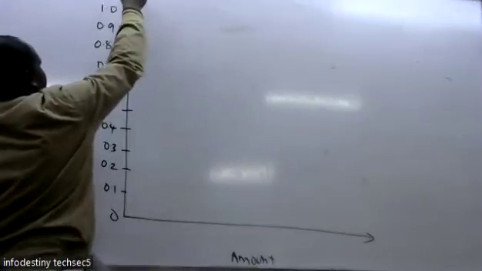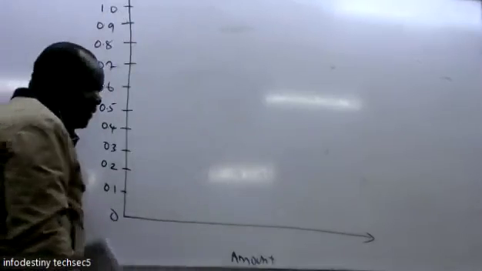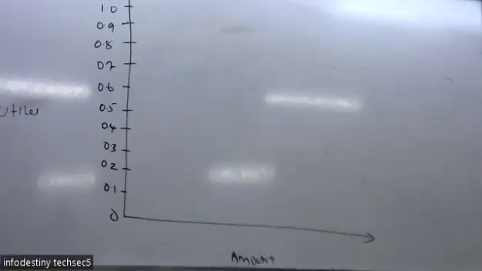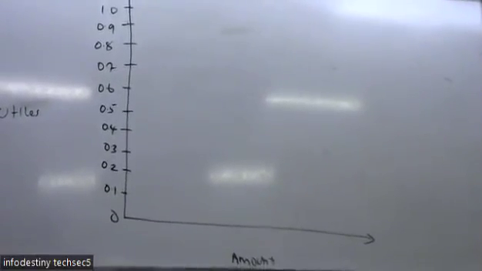Maybe we can include 1.1 like that. So utility is measured from 0 to 1.